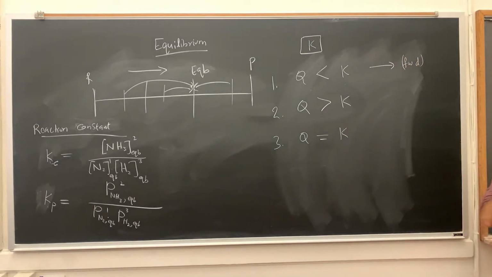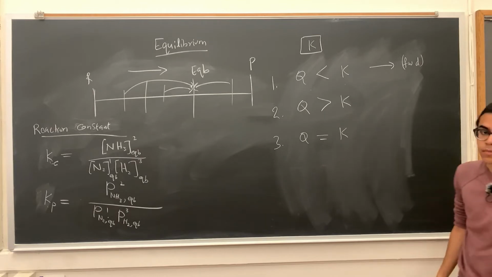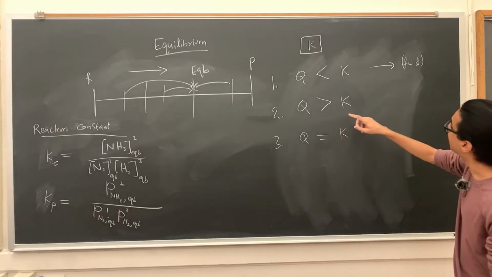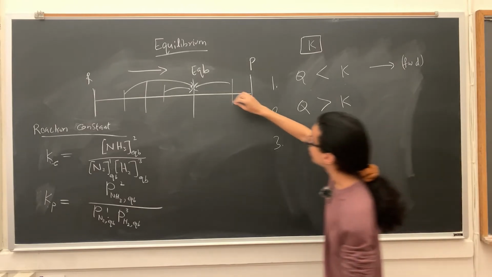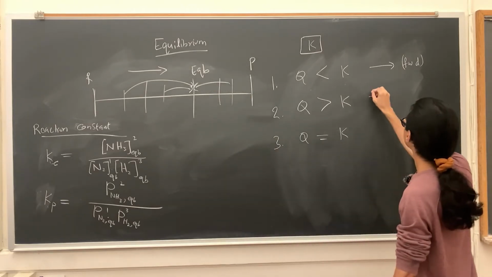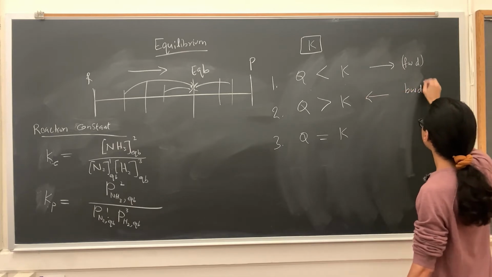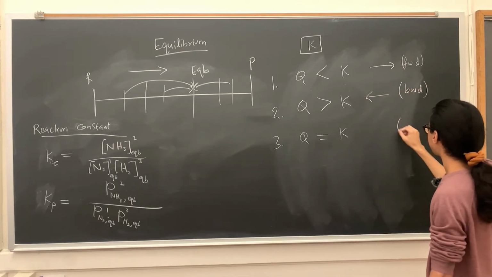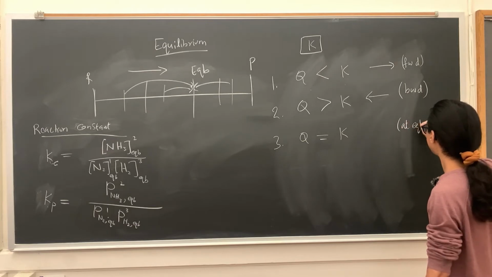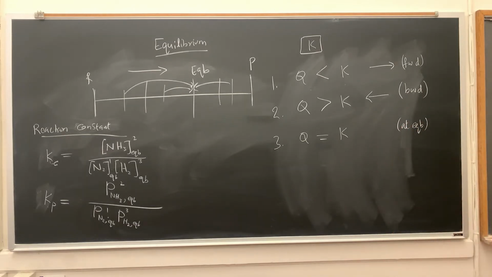Not forever, but from that point, it will go forward to some extent. And if Q is greater than K, then you're here. The reaction will go backwards to achieve equilibrium. And if Q equals K, then the reaction is already at equilibrium. Okay, so comparing the values of Q and K allows you to predict which way equilibrium lies, whether it's forward or backwards.